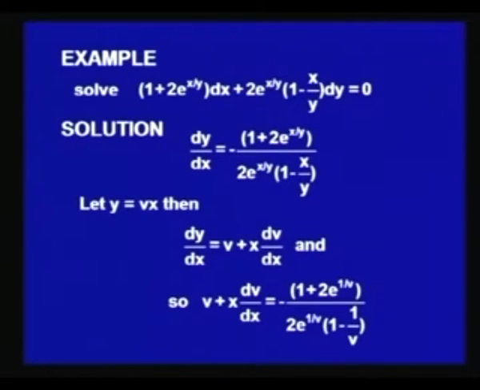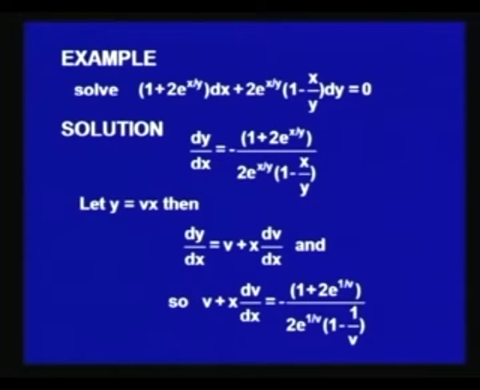Let us consider (1 plus 2 times e to the power x over y) dx plus 2 times e to the power x over y into (1 minus x over y) dy equal to 0. You can see here that this differential equation may be written as dy by dx equal to minus (1 plus 2 times e to the power x over y) divided by 2 times e to the power x over y into (1 minus x over y).